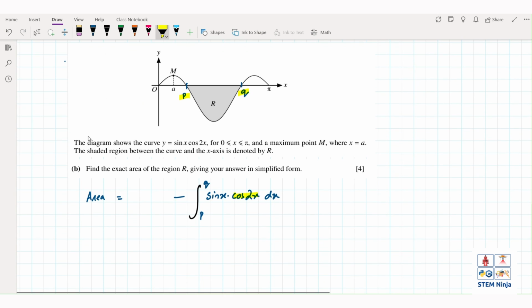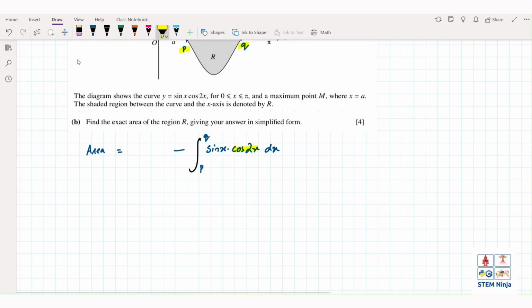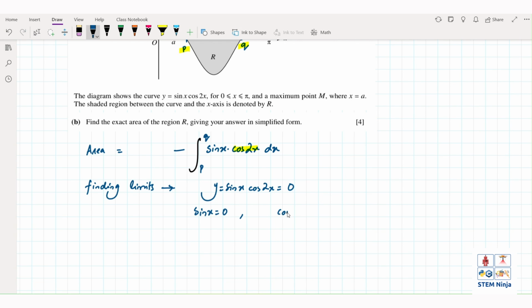So first off, let's find out what P and Q are, the limits. So y equals sine x cos 2x equal to 0. This means that either sine x is equal to 0 or cos of 2x is equal to 0.